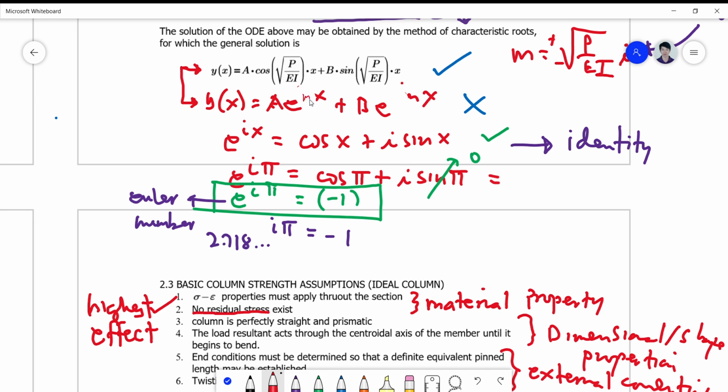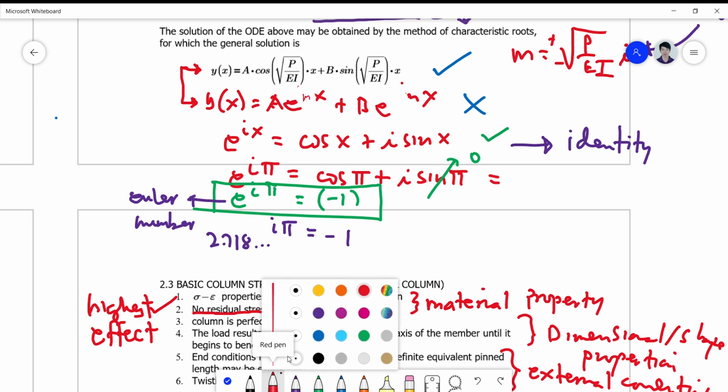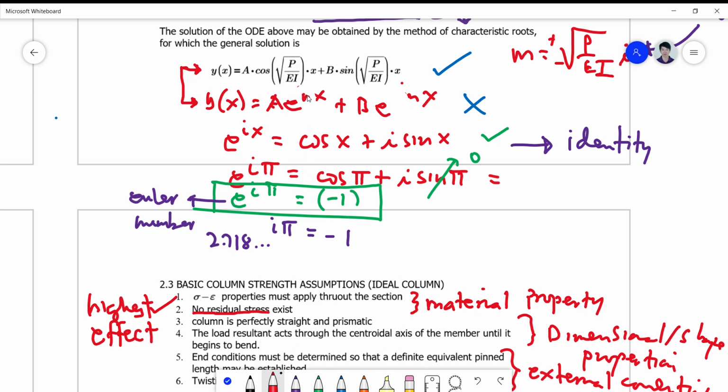Okay, so this is simply mx, and this one is plus, and the other one is m minus.